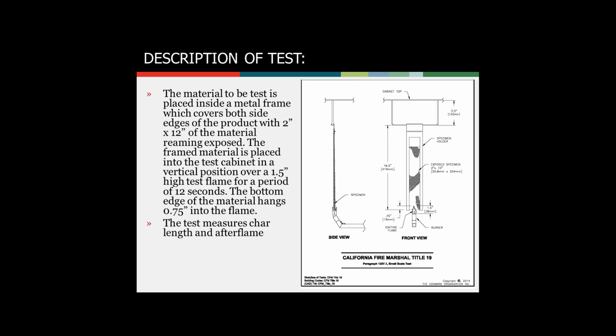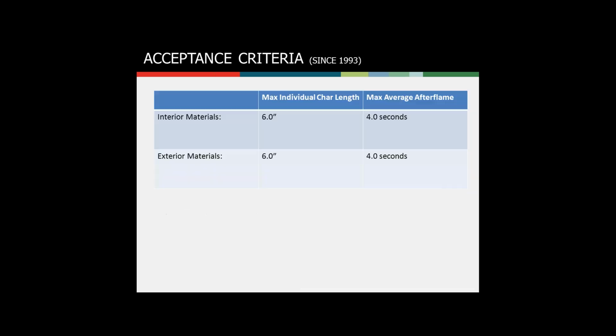The afterflame: when we remove the 12-second test flame, if there's any continued burning on the test specimen itself, that's the afterflame. Again, reading the rule book, you might have difficulty in picking up what we're stating as the maximum values.